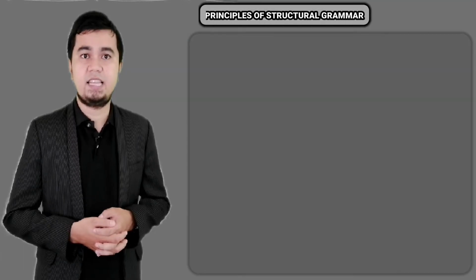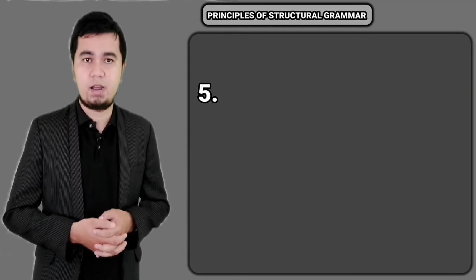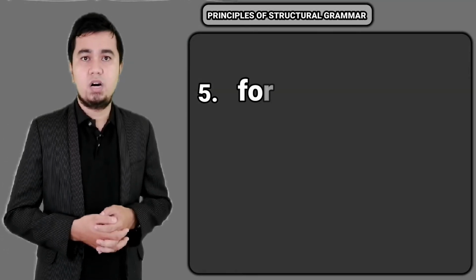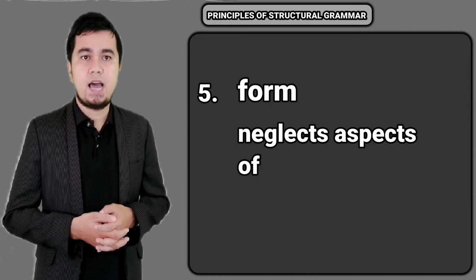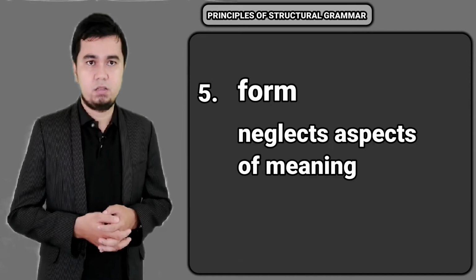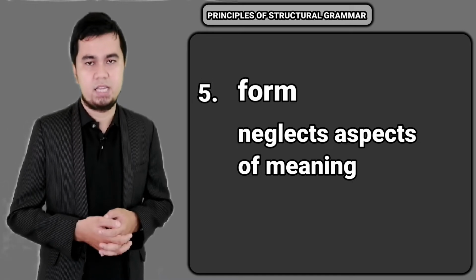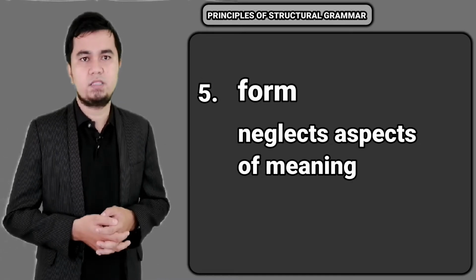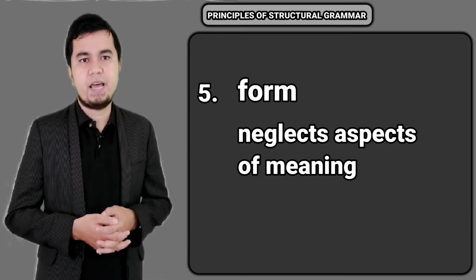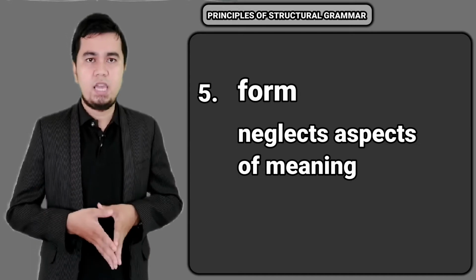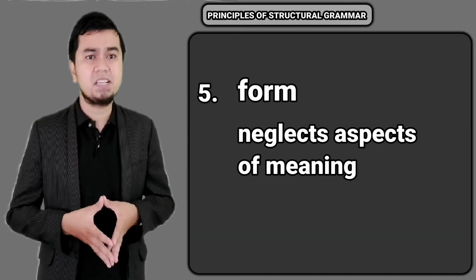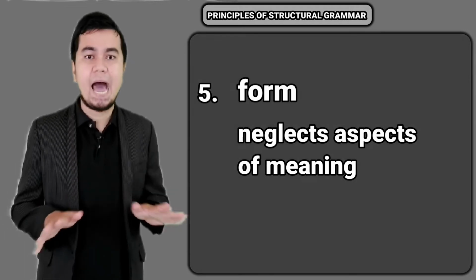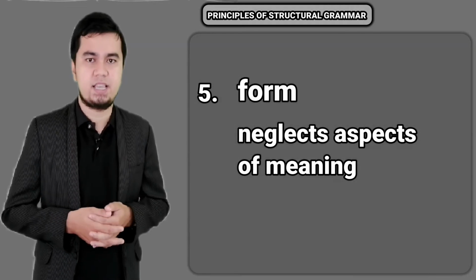And finally, the last principle of structural grammar is on its form. It neglects aspects of meaning that go beyond literal meaning. It makes no attempt to identify implied meaning. Therefore, structural grammar ignores many aspects of meaning behind the words of the sentences.